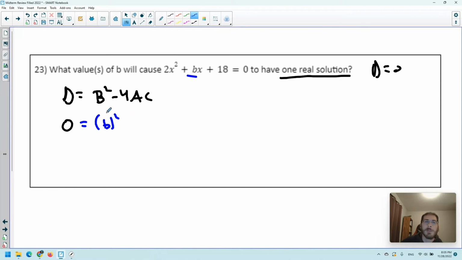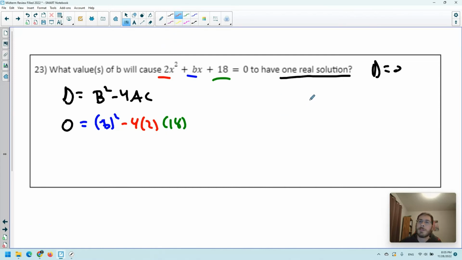That's not a 6, it's a b. A in this case is going to be 2. So 4 times 2. C is going to end up being 18. So 4 times 2 times 18. So that's going to be 8 times 18.